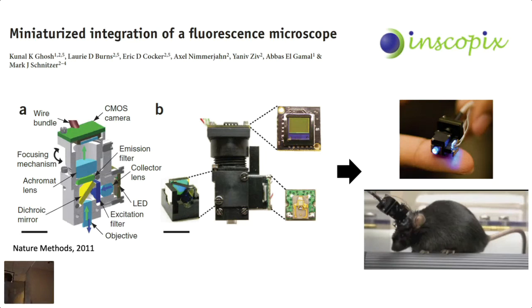So you have a camera, some optics, an illumination source with a small LED, and a controller that could be integrated with the camera on a small printed circuit board or offline with a computer to image within the brain of a freely behaving mouse, because the camera is really small and could weigh between 2 and 4 grams. So a mouse could actually run around with this on its head.